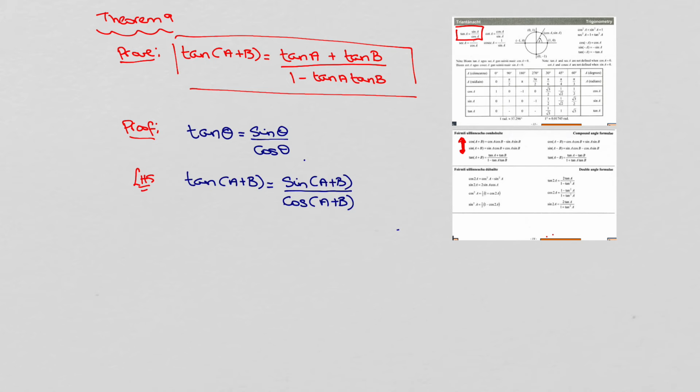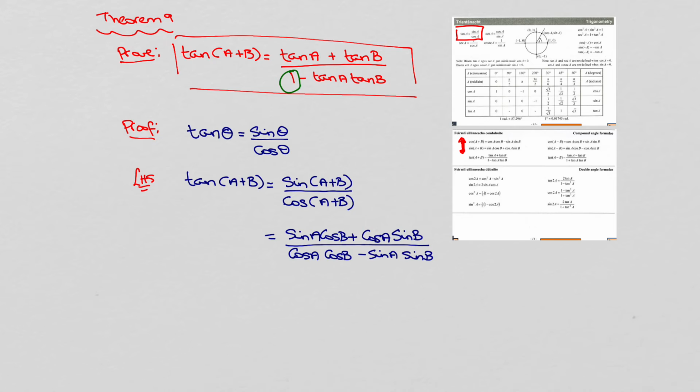Okay, so what is sine of A plus B? Well, it's sine A cos B plus cos A sine B. And that's all over cos of A plus B, which is cos A cos B minus sine A sine B. So what we have to figure out is where to go next in order to end up with tan A plus tan B over 1 minus tan A tan B. So if we look at the top of the screen here, the biggest hint I can give you is this 1.